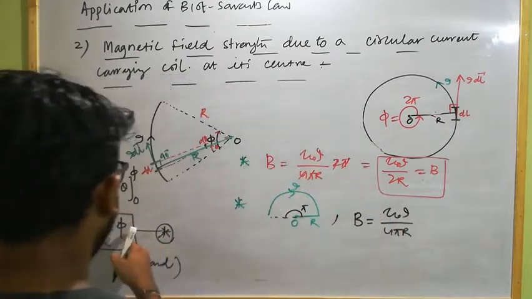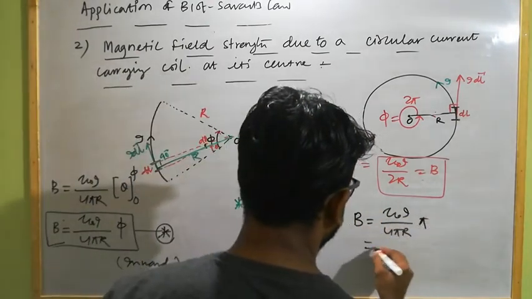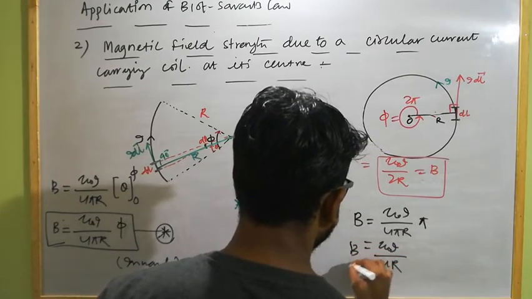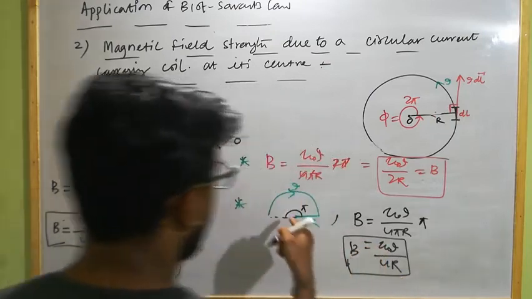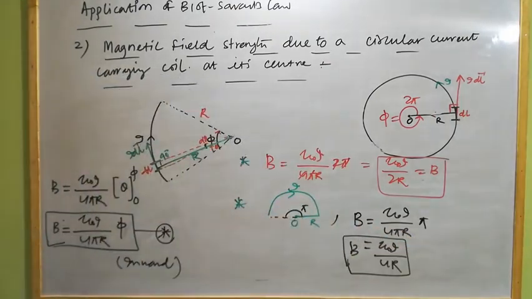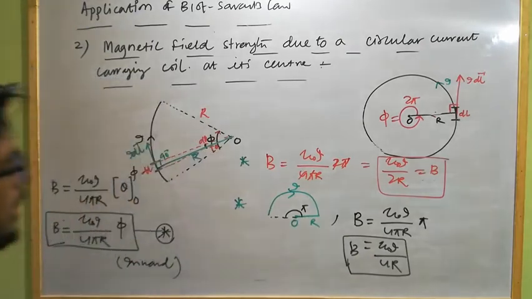In place of φ in this formula we can put π. So this will become μ0 I by 4r. This is the net magnetic field strength at the center due to a semicircular current carrying coil. Clear? And this direction can be easily obtained by using the right hand thumb rule or right hand palm rule.